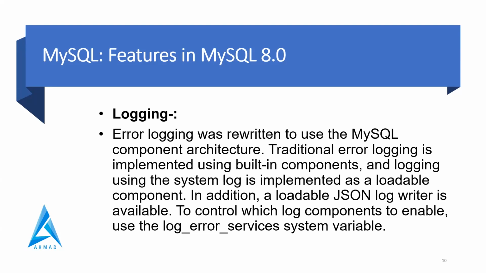This is a newer technology that exists in every database like Oracle, MySQL, and other databases, so a JSON log writer is available. To control which log components are enabled, we use the log_error_services system variable. By that we can control the log components. So this is another important feature introduced in MySQL 8.